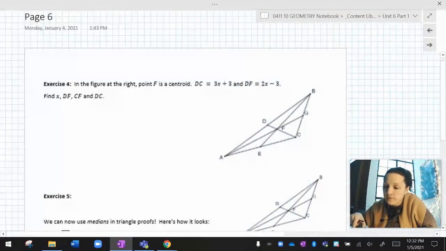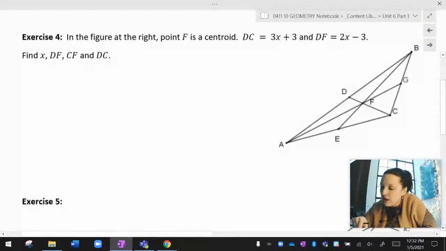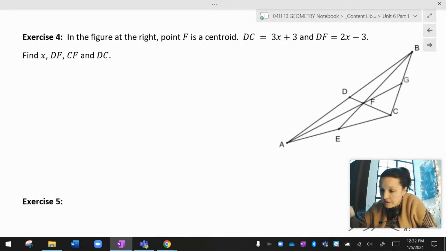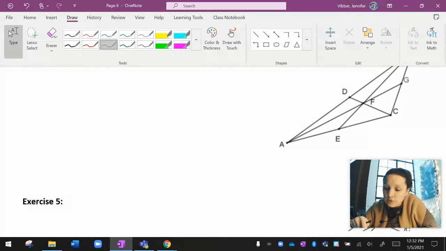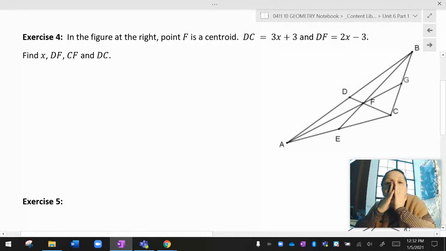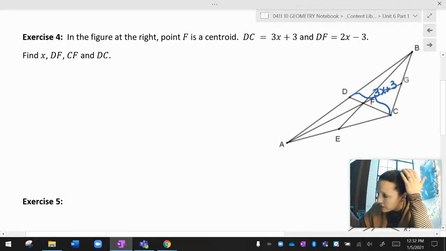All right. So it says I've got another centroid. Fine. DC is 3x plus 3. Right on the diagram. Always put your markings on the diagram. So if DC is 3x plus 3, that means that this whole thing here is 3x plus 3.